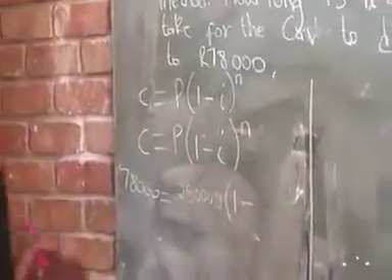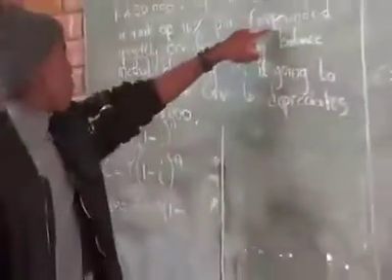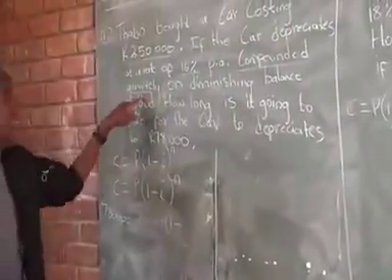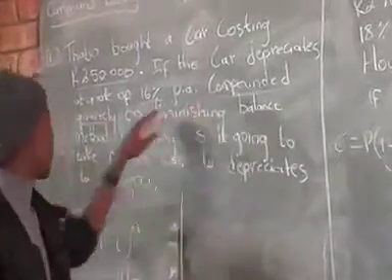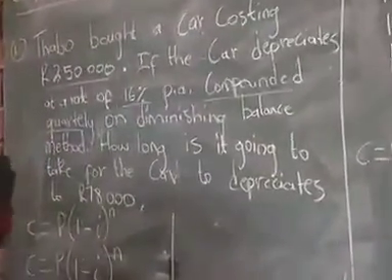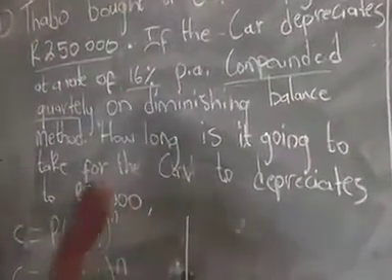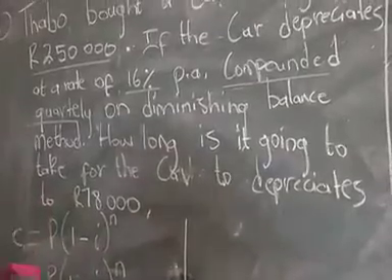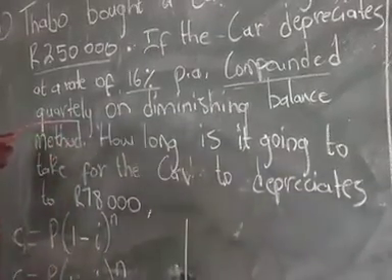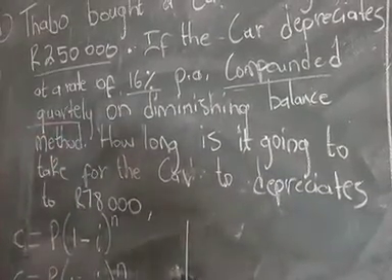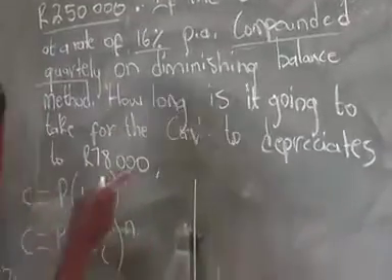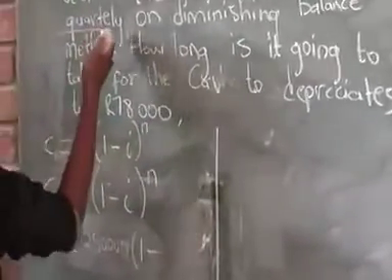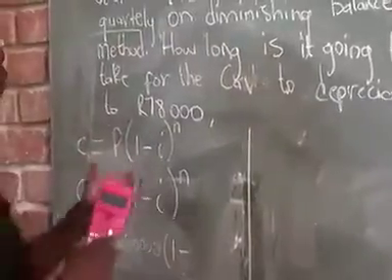Another thing to note here is that it is compounded quarterly. In the previous video it was compounded monthly, and that's when we divided by 12 and multiplied the exponent by 12. Here, since they said quarterly, you must know these things: you're not going to divide by 12, because you only divide by 12 if they said compounded monthly.